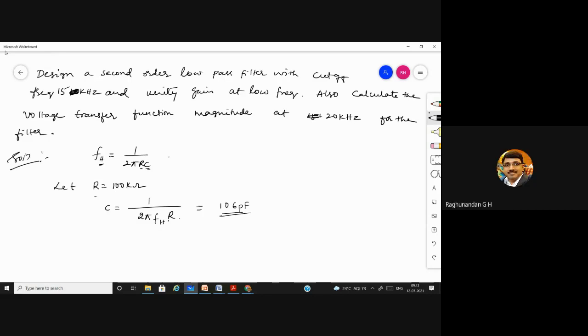Now voltage transfer function. Voltage transfer function means V naught by V in is equal to AF by root of 1 plus (F by FH) to the power of 4. So substitute the F value that is given and the FH value that has been given. FH is the cutoff frequency value and F is the frequency at which they were asking the voltage magnitude.